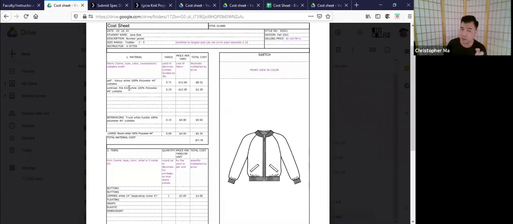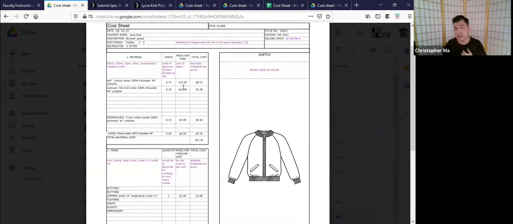Contrast, again, rib. She used white on her toddler. For all of you, most of you will be black, right? 100% polyester. Just use 100% polyester, it's fine. We're not gonna say poly lycra. Let's do this. And 44 inches cuttable. You will follow whatever the previous chart that we gave you, okay?